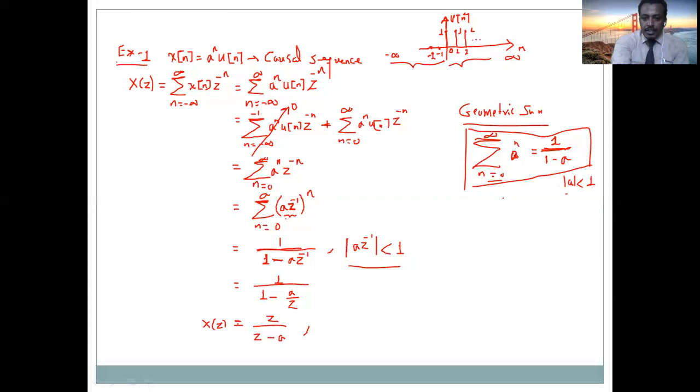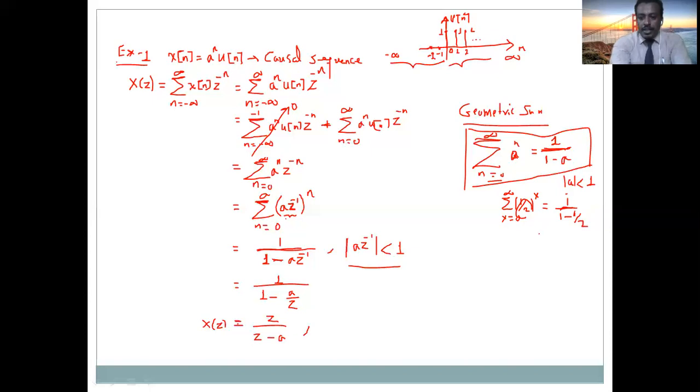Which means if you have, let's say, the summation for x from 0 up to infinity of half to the power of x, how much is this? From our geometric sum formula, it will be 1 over 1 minus the constant half.